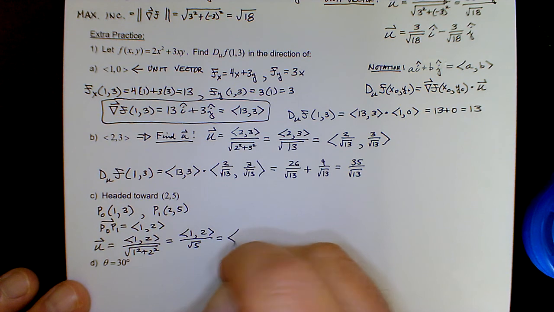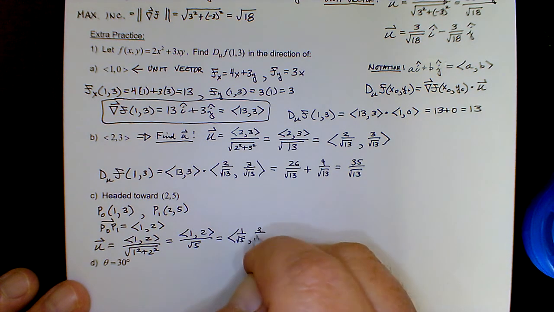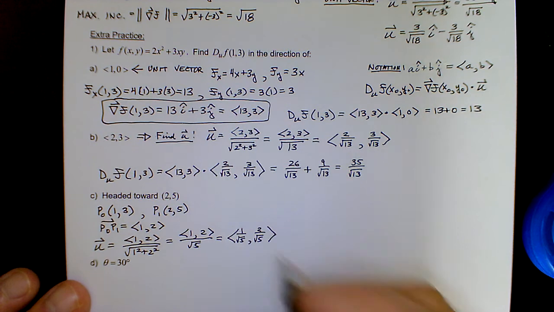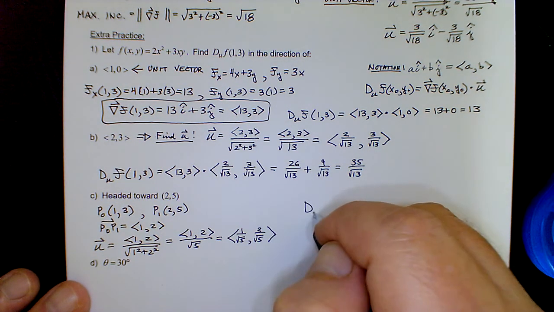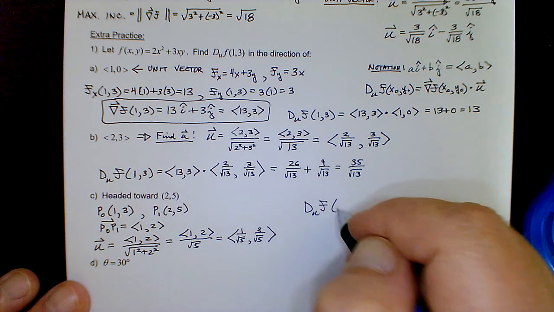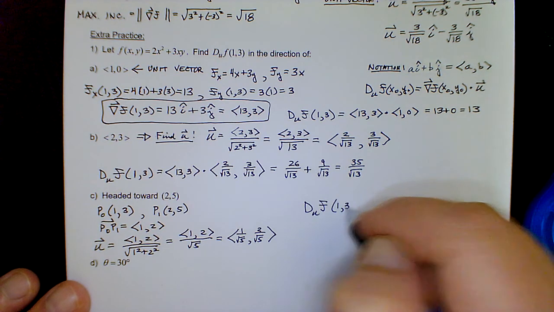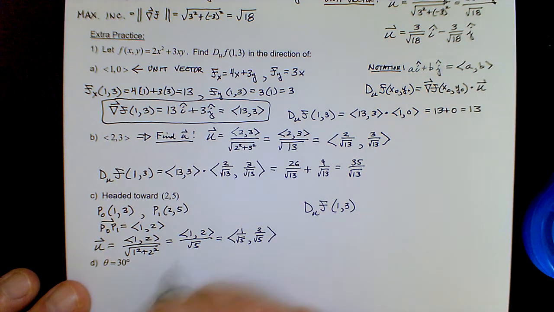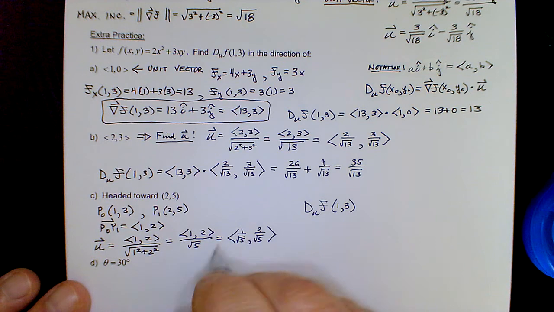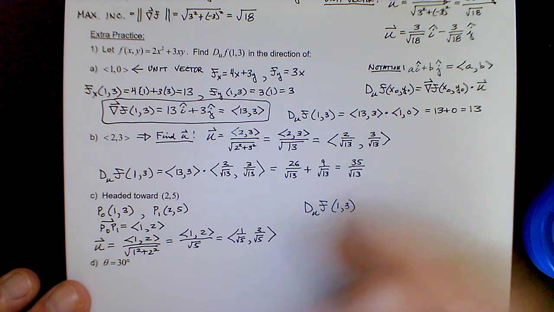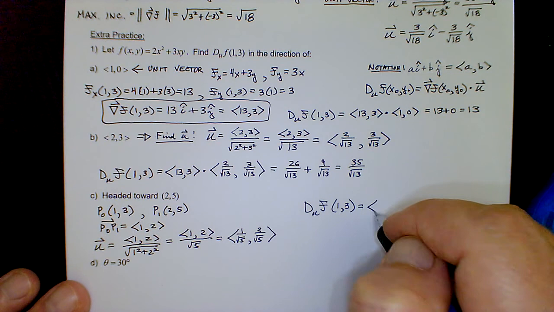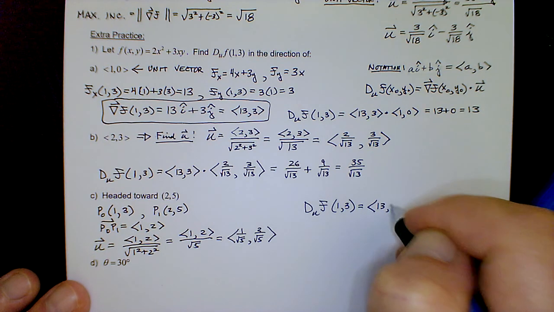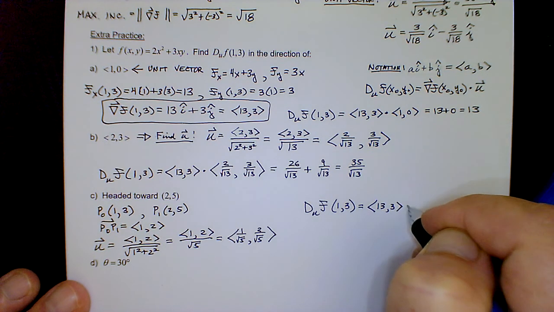So then the directional derivative at the point (1, 3), headed toward this point, would use this unit vector. So we take the gradient, again <13, 3>, dotted with the vector <1 over the square root of 5, 2 over the square root of 5>.